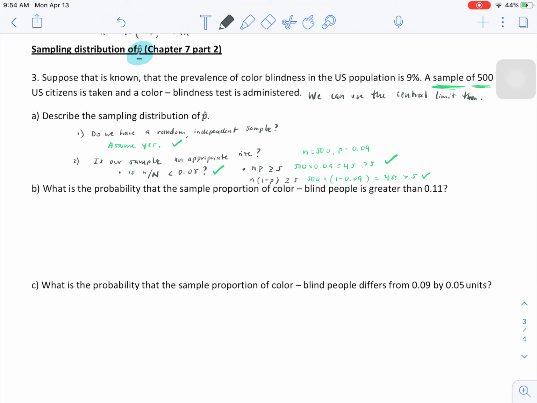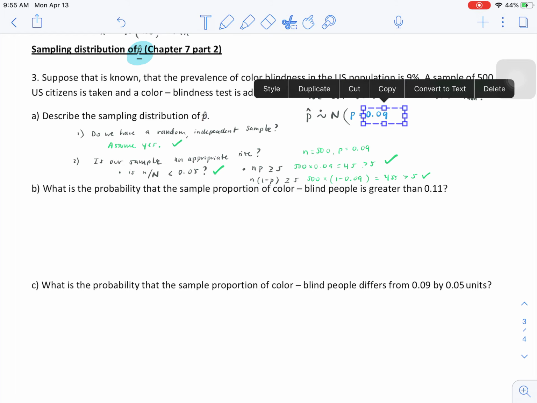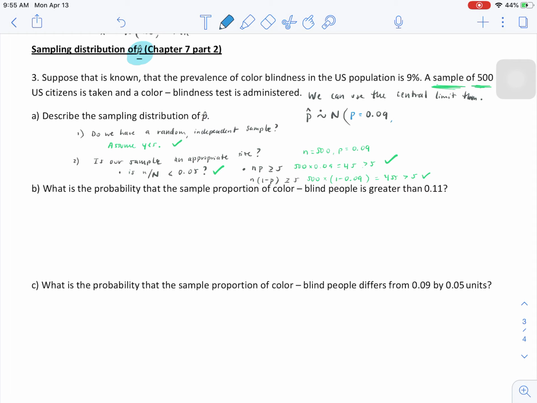I'm going to abbreviate central limit theorem. And so we know that the sample proportion is distributed approximately normal, with the mean equal to the population proportion, which is 9%, and a standard deviation equal to the square root of the population proportion times 1 minus the population proportion, over the sample size.